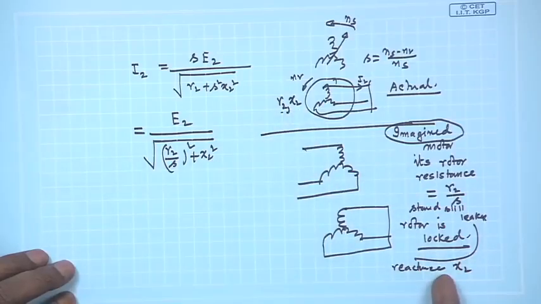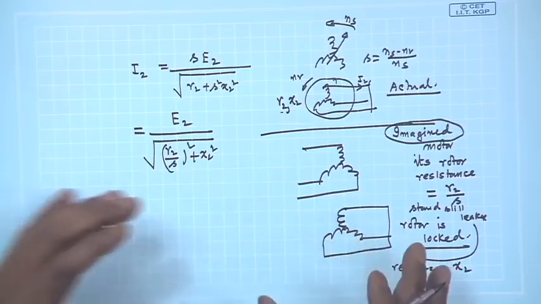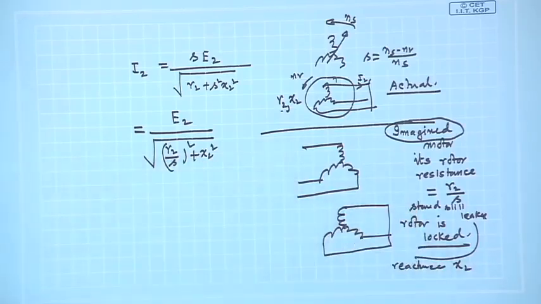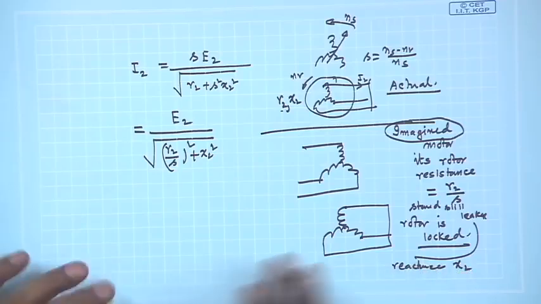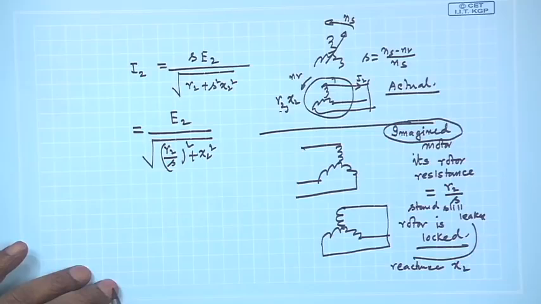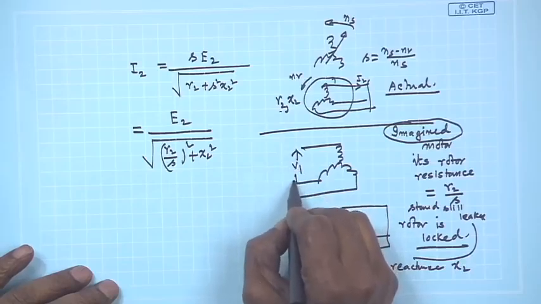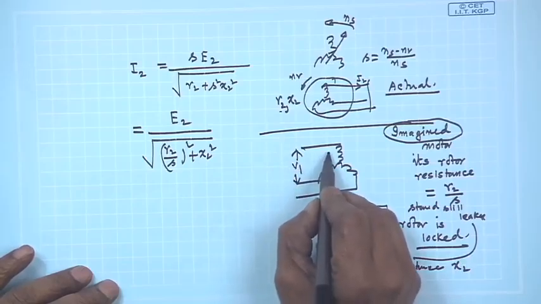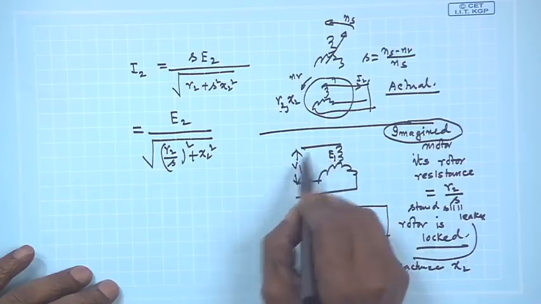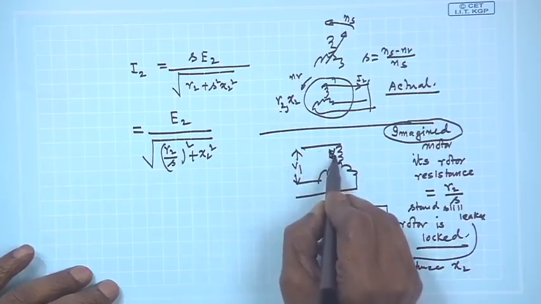Now, I have another machine whose rotor resistance per phase is R2 by S, leakage reactance is X2 at standstill condition, and this motor is stationary. Therefore, what will be its equivalent circuit? Here also I have applied V1, and here I get E1, approximately V1, the applied voltage.